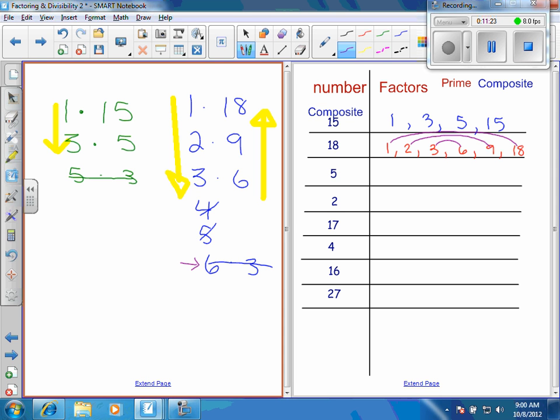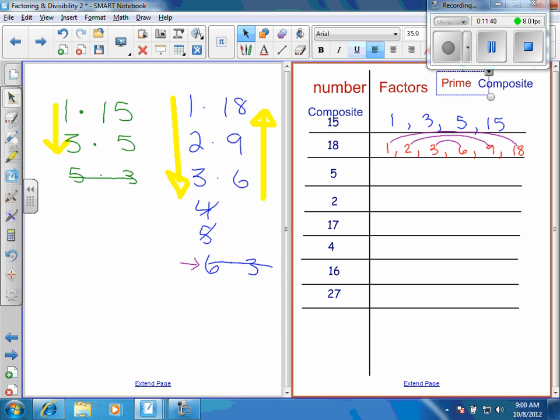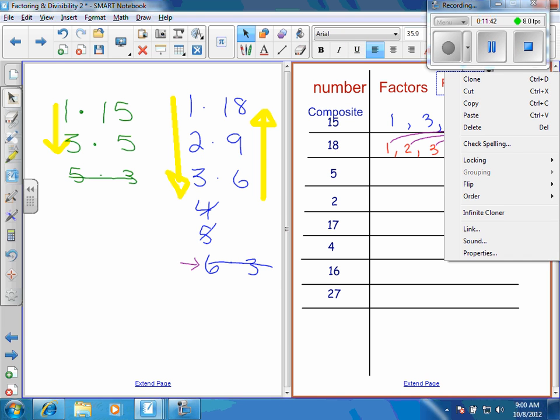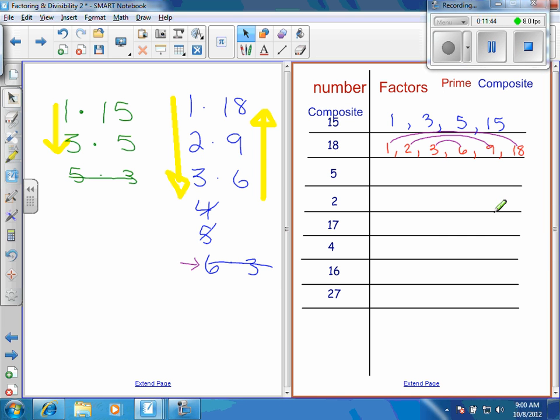And also, your factor can't be more than half the number. Good point. Unless it's itself. A really good observation. So Kyle, is this a prime number or a composite? It's a composite. So with 18, we're going to call it a composite.